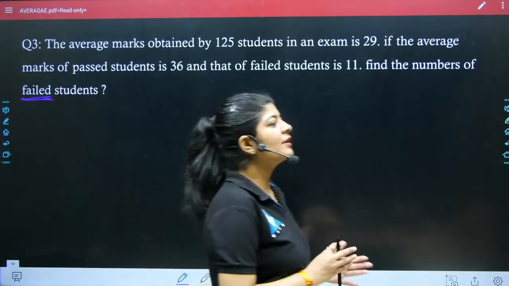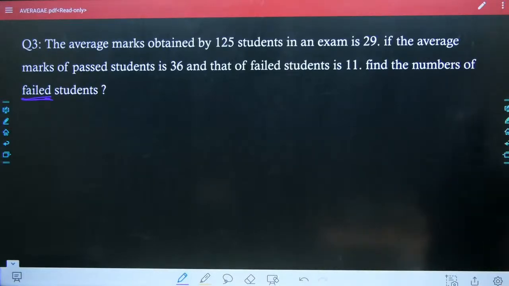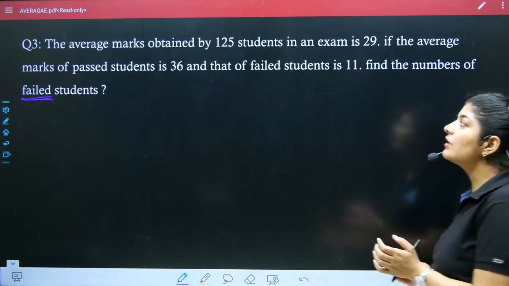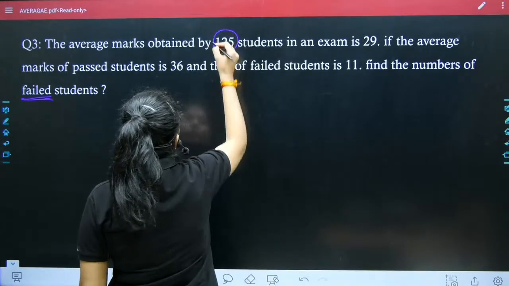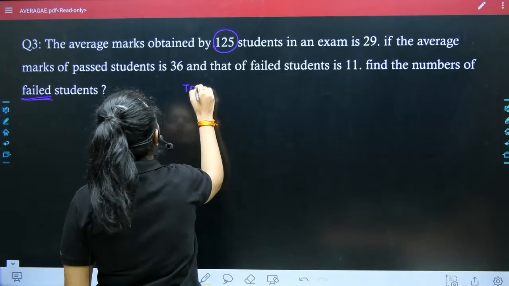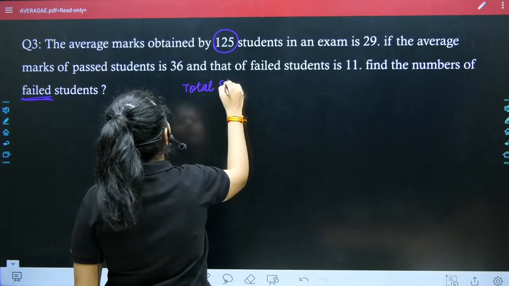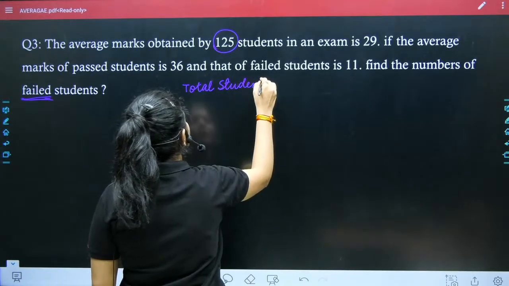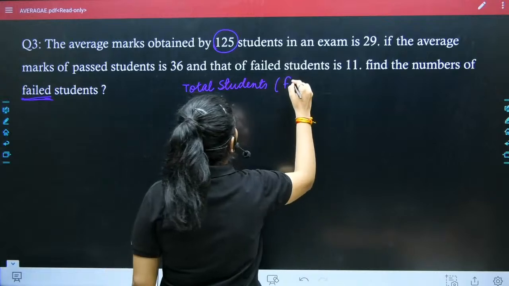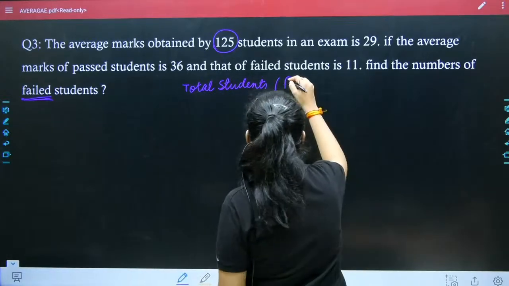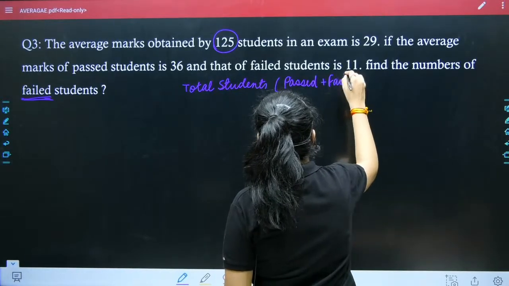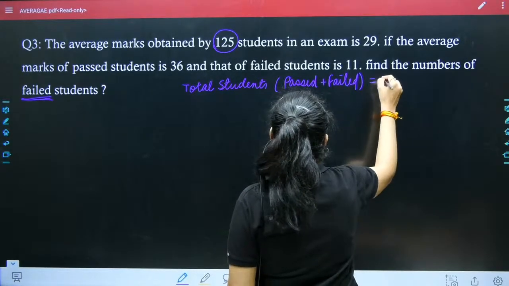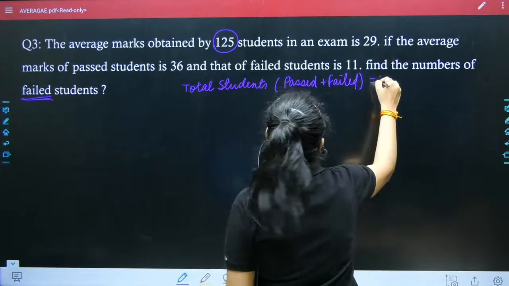How do we find this out? It is given that the average marks of 125 students. That means here we are talking about the total number of students, passed students plus the failed ones, and that is equal to 125.